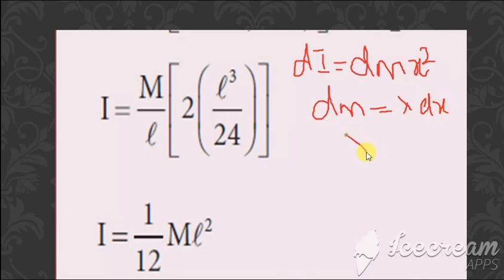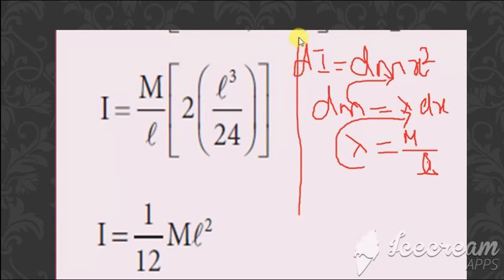The next formula is lambda is equal to m divided by L. These are the three formulas we are using. Substitute the lambda value, then the dm value, so that we get m by L x square into dx. Then we have to substitute the limits. These three formulas are very important to solve this question. Clear with this? Thank you.